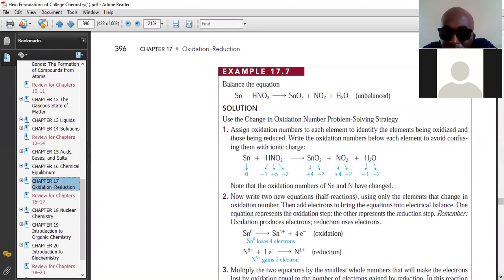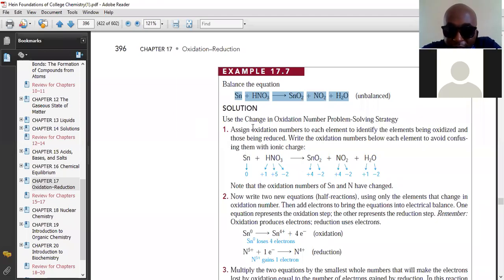With something like this, if you balance by inspection you may spend a lot of time, because everything else is balanced but the oxygen is misbehaving. So for these you have to assign the rules, for finding oxidation states.